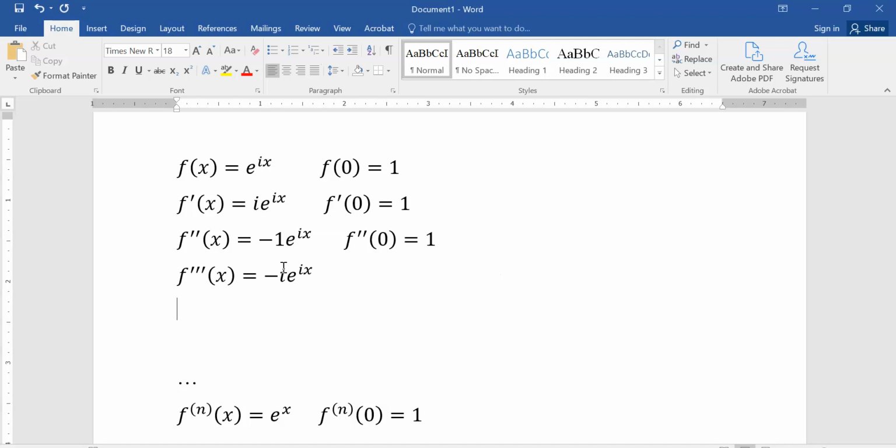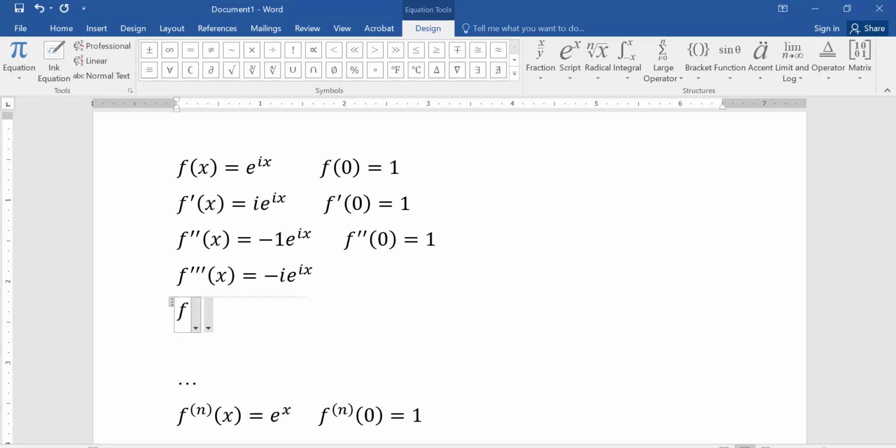All right, fourth derivative. So what's going to happen? e to the ix, that's going to keep as e to the ix. Now here's the trick. If we do negative i times i, so negative i squared, I end up with a negative 1.